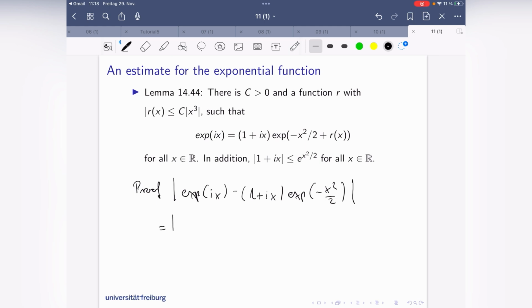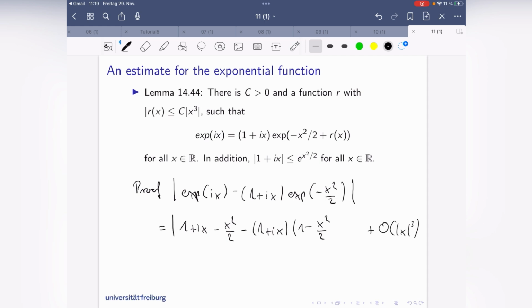Yeah, when I compute this here, well, e to the power ix, that's 1 plus ix, minus x squared over 2 plus something of the order x cubed, minus (1 plus ix) times (1 minus x squared over 2).